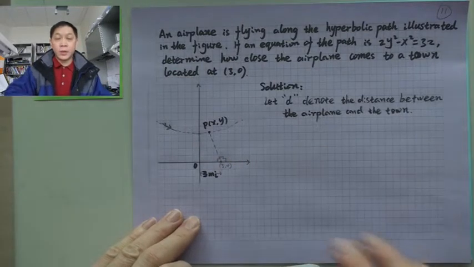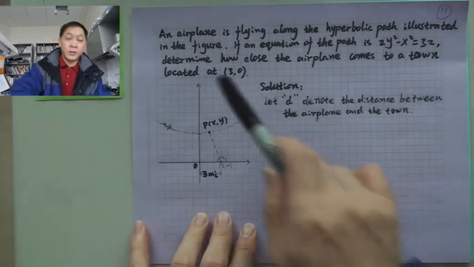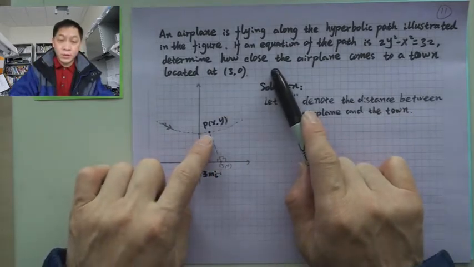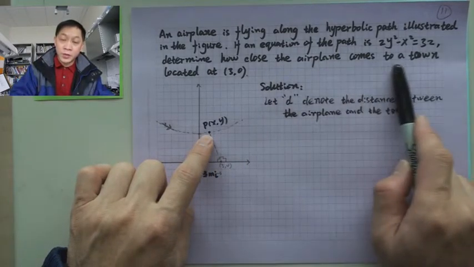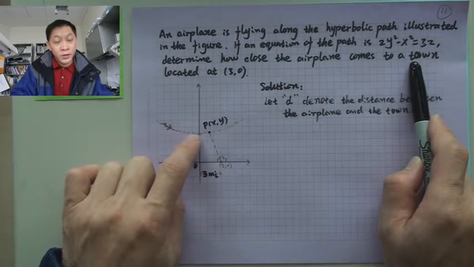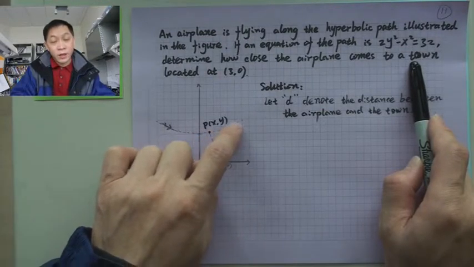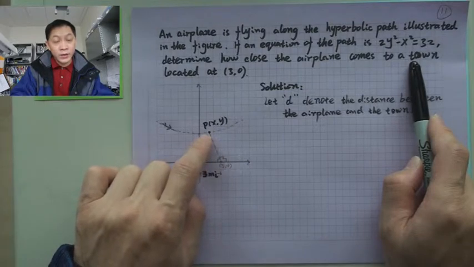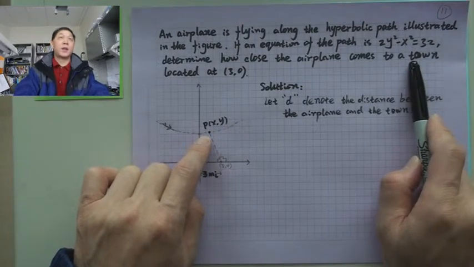So the question here is to determine how close the airplane comes to the town. Maybe somewhere here is far, but somewhere around here is very close.